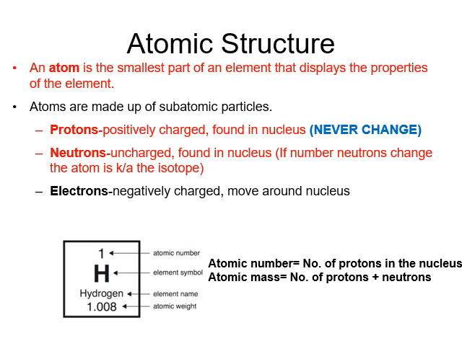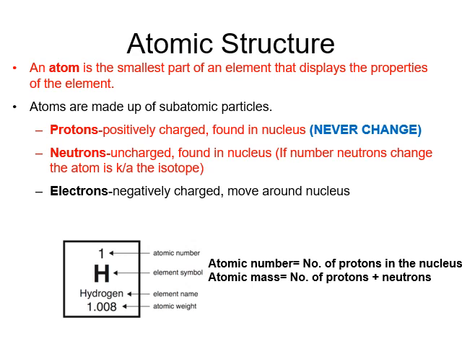So in a particular element, say hydrogen, no matter which type of hydrogen you're looking at, they'll always have the same number of protons. So the number of protons in an element will never change. When you change the number of protons, you basically give rise to a new element.